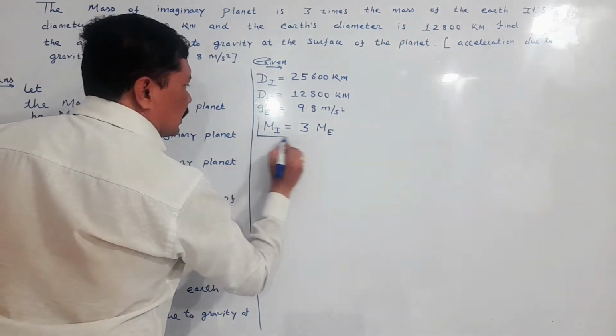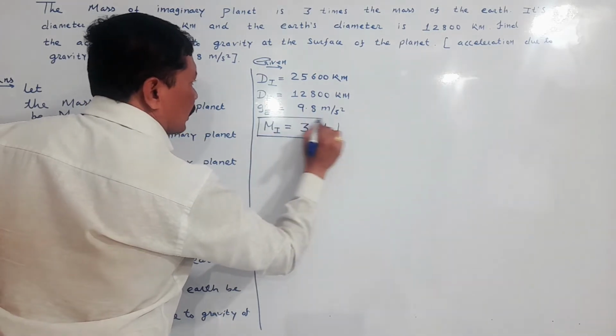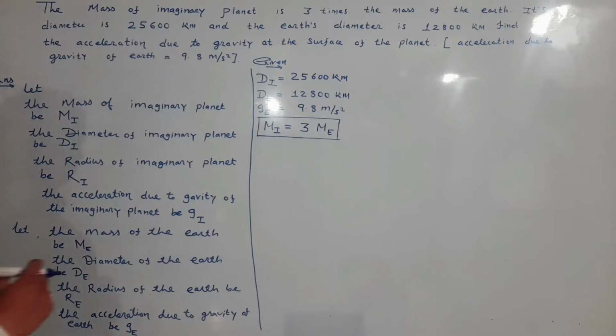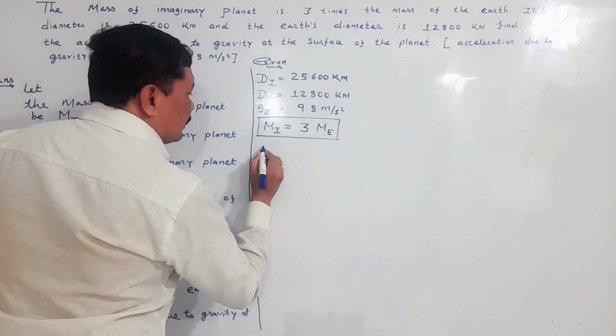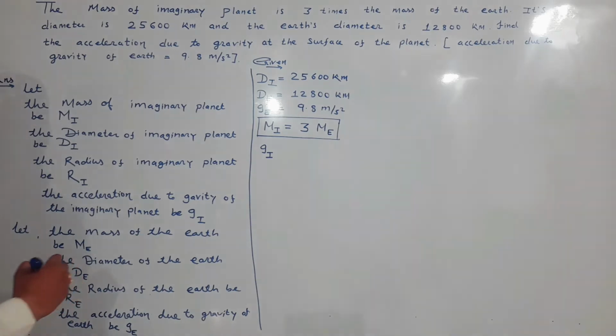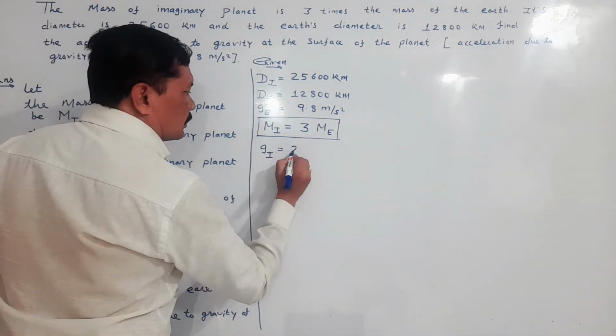So this situation is given to us. My dear student, here we have collected all the informations which are necessary to find the answer. We are asked to find the acceleration due to gravity on the surface of the planet. So Gi, that is acceleration due to gravity on the imaginary planet, is asked to us.